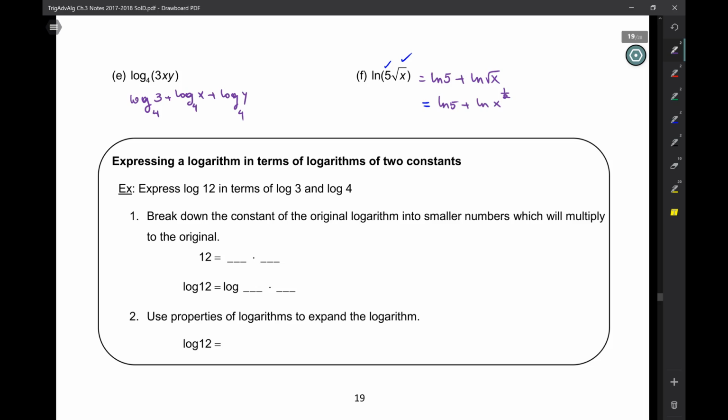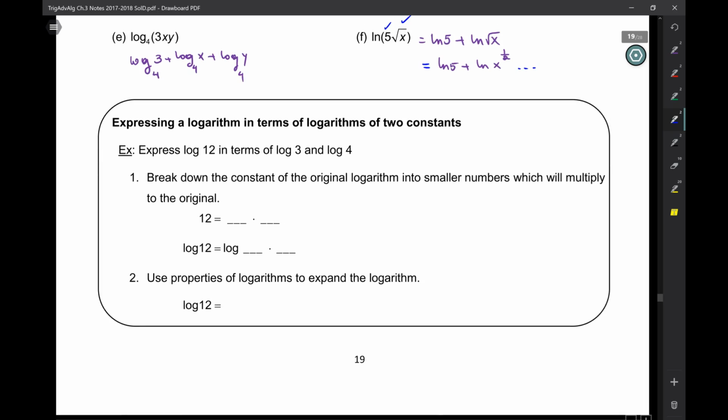We're just going to leave it like this. There is a to be continued here. We're going to come back to it. Now, how do you express a logarithm in terms of logarithms of two constants? Often, you'll have a question like this. Express log of 12 in terms of log 3 and log 4.